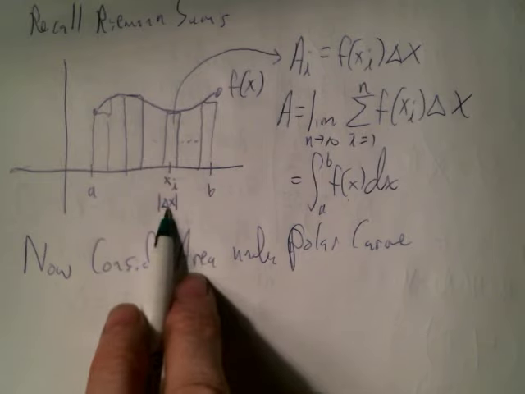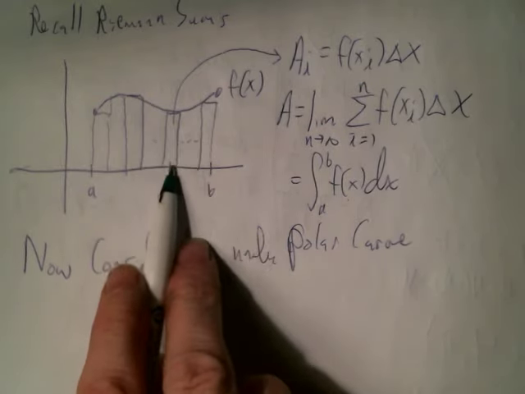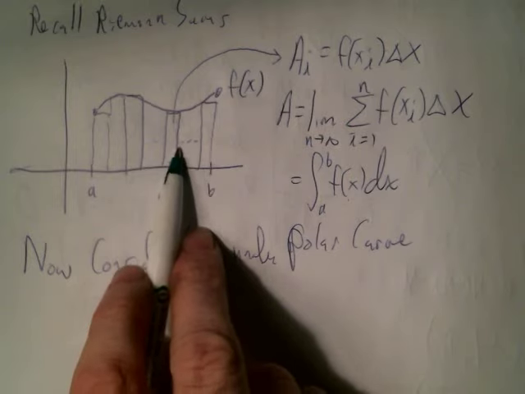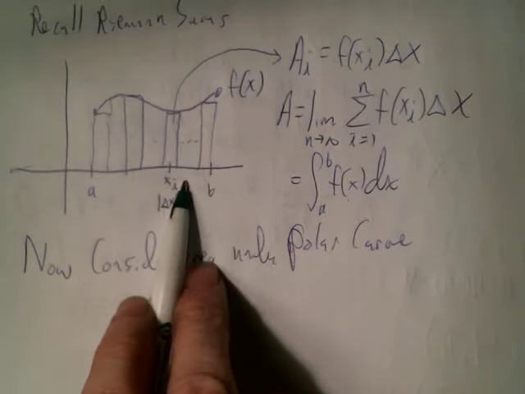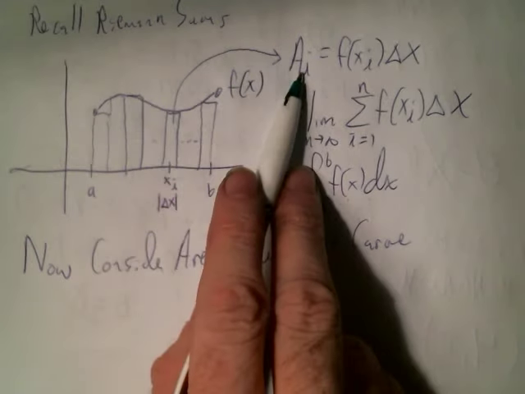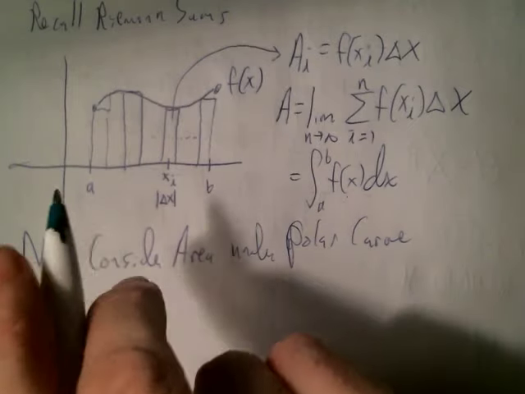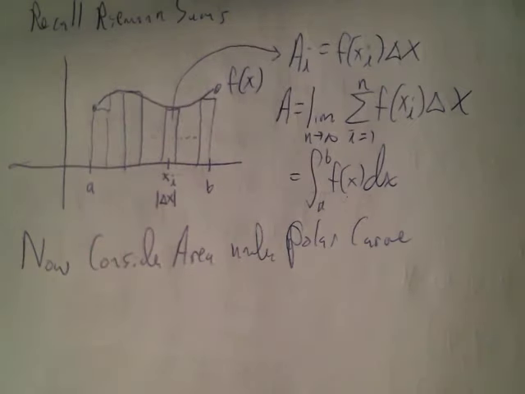And then instead of change in x, we have change in theta. And then our objects are going to be a little bit different. Instead of having rectangles, we'll have sectors of circles. So basically like pizza slices. And then we'll need the formula for the area of a sector of a circle, which is just, what was it, like 1/2 pi r squared or something like that, right?